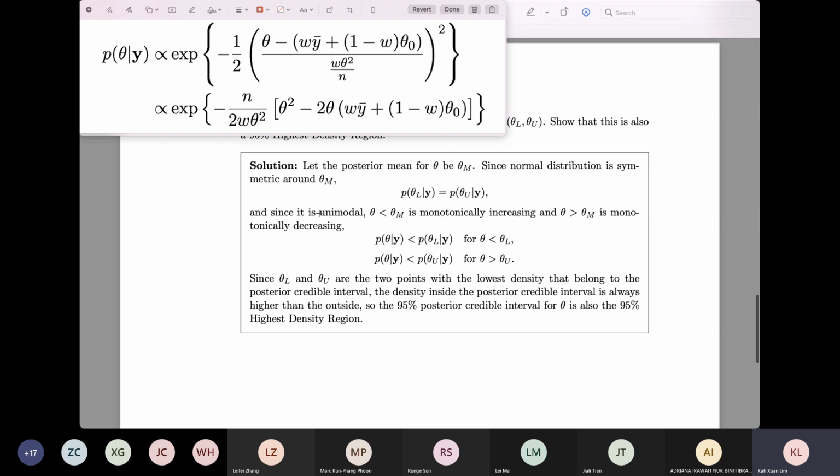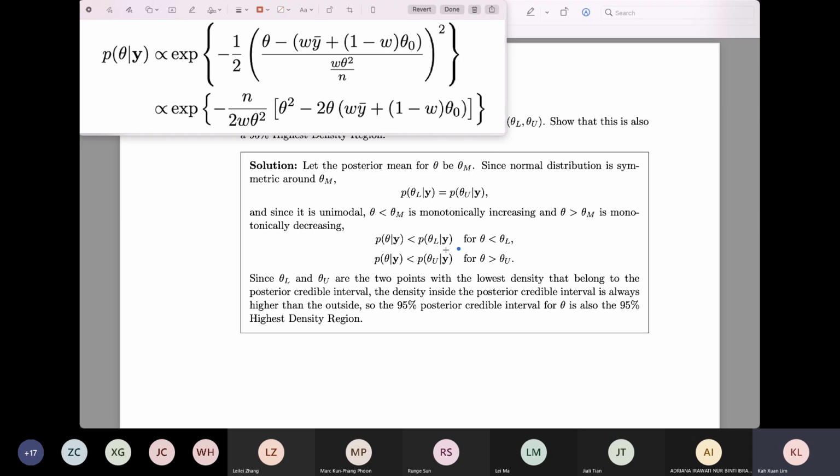Besides that, the normal distribution is unimodal. So anything on the left-hand side of the mean is monotonically increasing, and on the right-hand side of the mean is monotonically decreasing. So we also know that everything on the left of the lower bound is lower than everything between the lower bound and the mean.